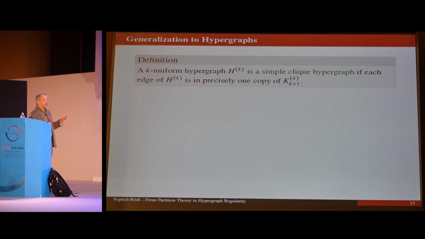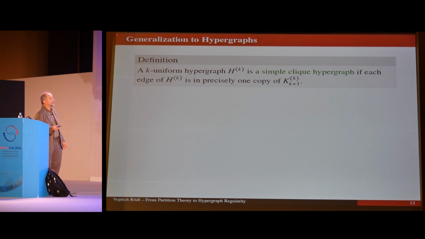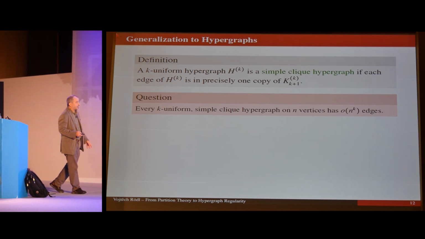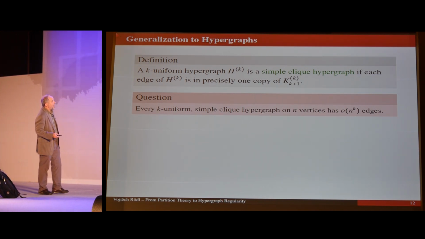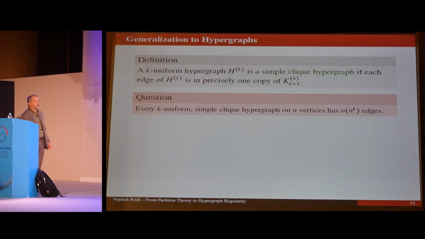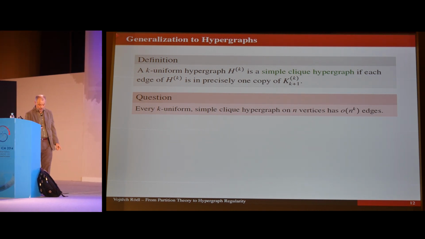So uniformity is k, the building blocks are of size k, and we insist that every edge is in precisely one clique of size k+1. And then the question analogous to Brown, Sós, and Erdős would be whether every k-uniform simple clique hypergraph on n vertices has little o of n to the k edges. There should have been a question mark maybe.